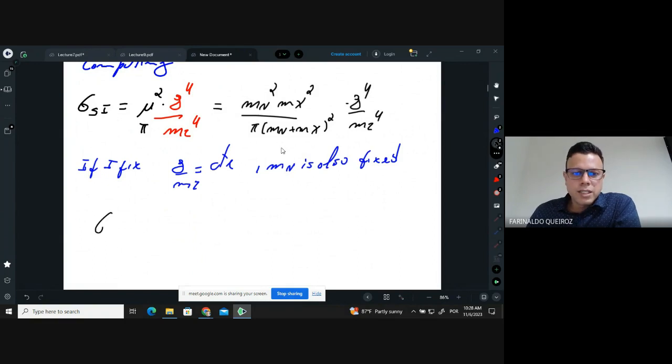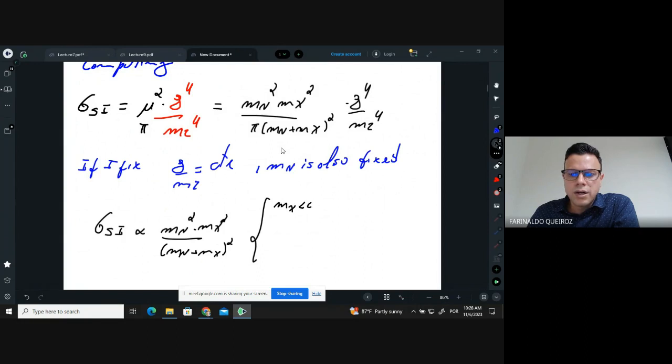What you get is sigma SE will be controlled by Mn squared, M chi squared, over the sum of Mn plus M chi squared. So let's consider the scenarios. In the scenario in which M chi is much lighter than Mn, the Mn squared cancels out, and I get just M chi squared behavior. So sigma SE is proportional to M chi squared.